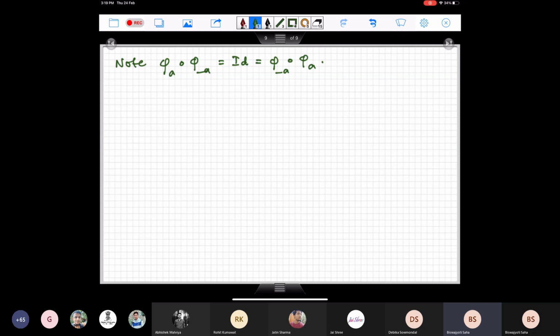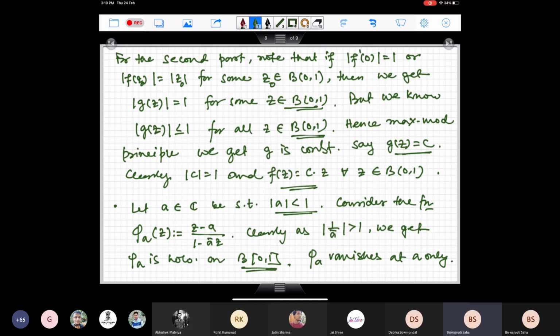We know that phi a is holomorphic even on the closed unit disk. Clearly you can see that the point a is going to 0, and what I am going to show is that the boundary is going to the boundary.